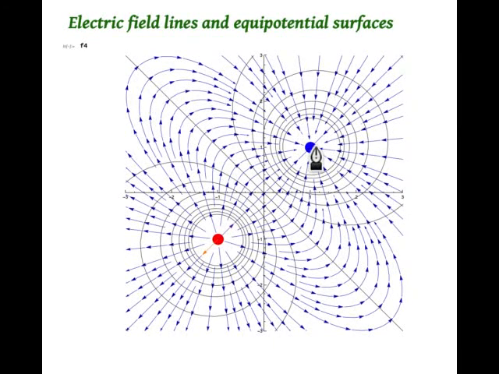So I'm assuming these two charges are equal but opposite, so if I'm equidistant from the two charges, the combined electric potential will just be zero. So there's the equipotential with V equals zero. These have V equals negative. These have V equals positive. So this kind of extends that pictorial representation of an electric field.